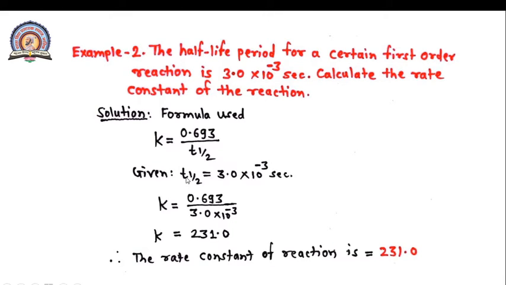Solution: the formula used is k = 0.693 / t half. The given half-life period, t half, is 3.0 × 10^-3 second. Put this value in the above equation.